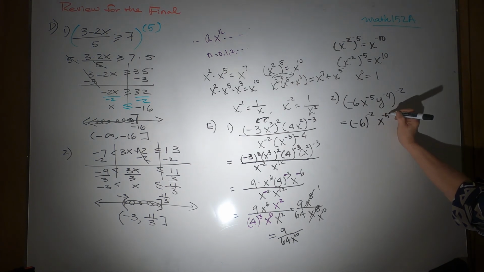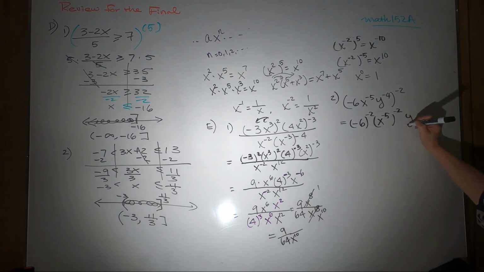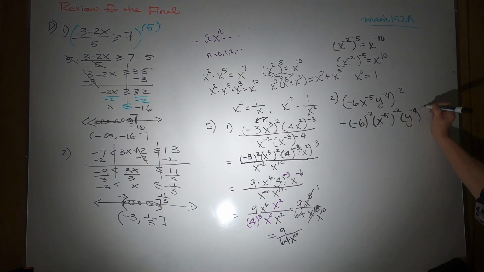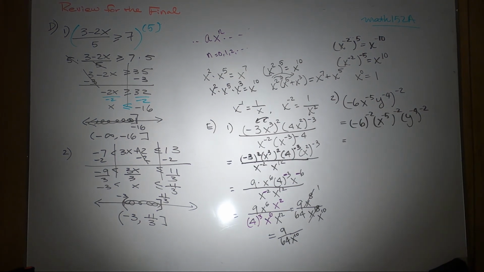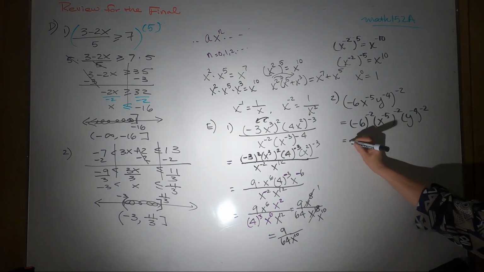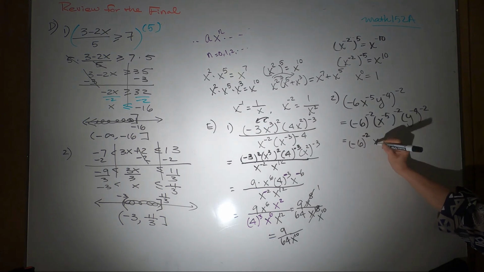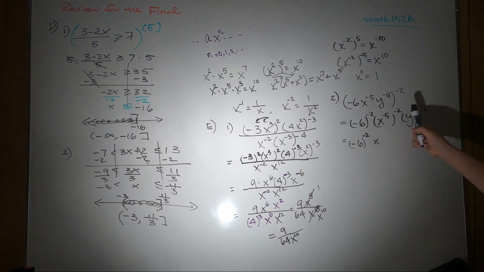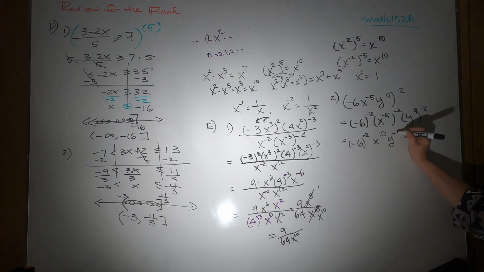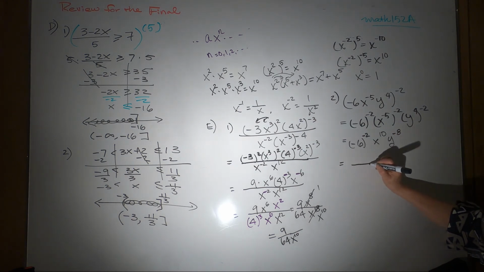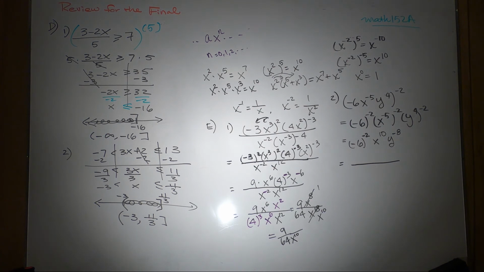So it's negative 5 to the negative 2, y to the negative 4 to the negative 2. So this negative 6 is the negative 2 power. x becomes what? Negative 5 times negative 2 is what? 10. Then let's see. Original should be 4, here positive. So this y would be what? Negative 8. Then what do we have?